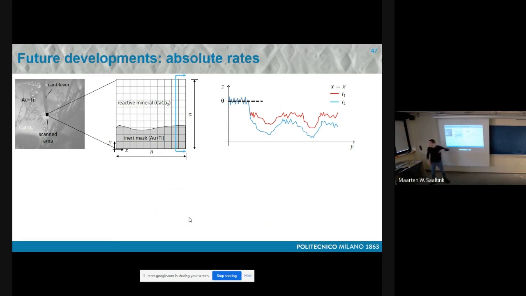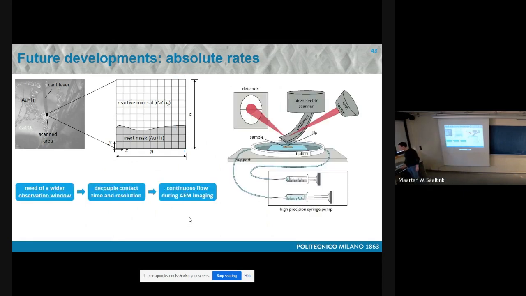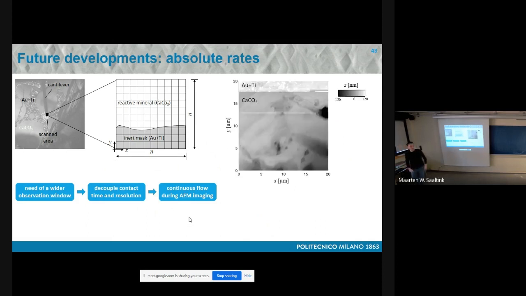Chiara is working quite a lot on setting up this type of experiments with the mask in order to come up with absolute reaction rates. So we will be able also to include the actual reaction rate and the actual topography, and not only the fluctuation which is obtained after detrending the data, as is usually done in these cases.